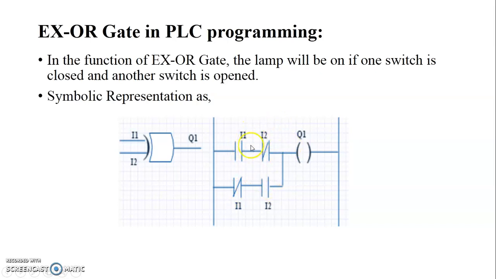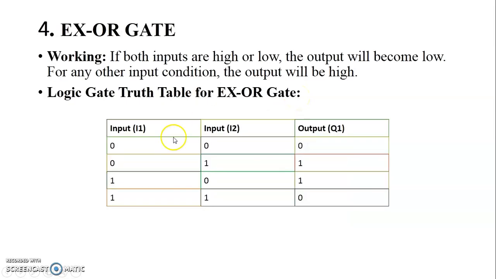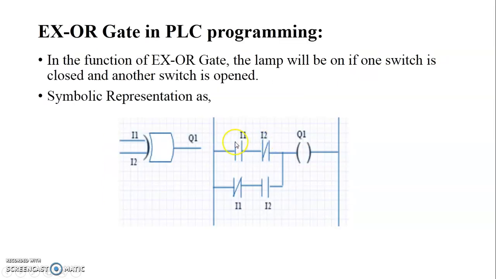Now, why is one normally open contact and one normally closed contact taken? See, suppose your first combination is 0 0. If you verify the operation, here 0 and here 0. As we know, 0 on a normally open contact means it does not allow the current to pass through, and here 0 means it allows the current to pass through.